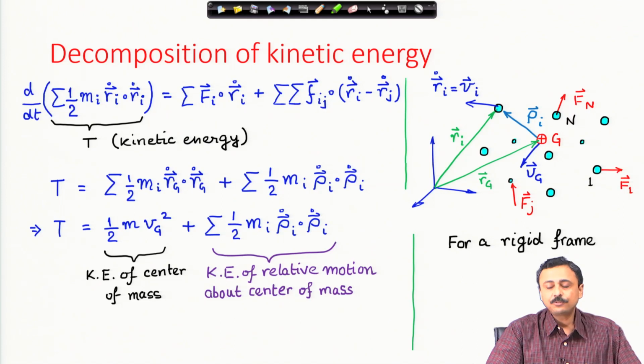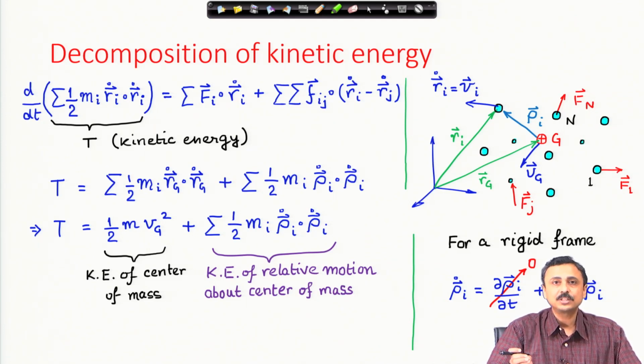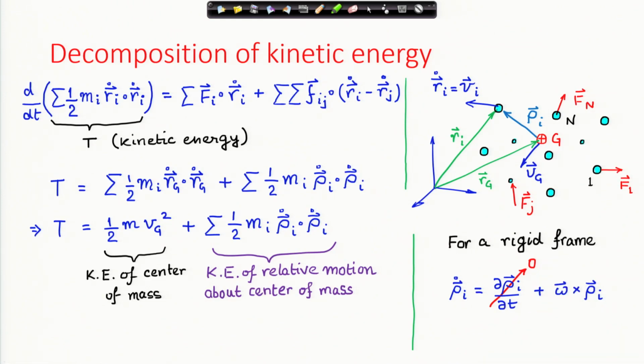What happens for a rigid frame? For a rigid frame, as we have discussed in kinematics, if everything is connected rigidly, all particles are rigidly placed with respect to the center of mass. Therefore, rho I dot, the time derivative of rho I vector, is equal to omega cross rho I, because the vector rho I within the rigid frame is not changing.